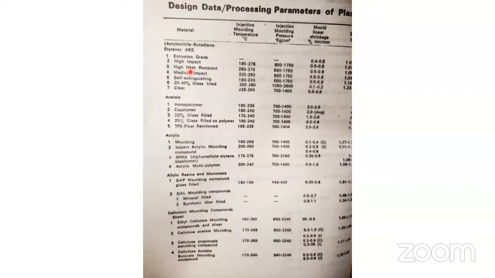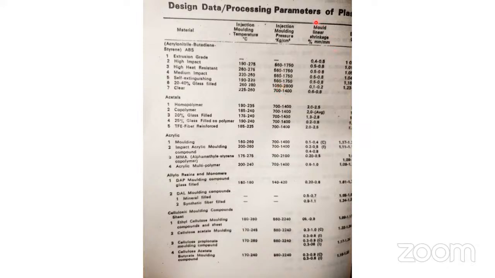See now here, ABS, you know that it is a very high impact resistance polymer. See the injection barrel temperature is 180 to 275. See the injection pressure, it is also very high in this case, friend.